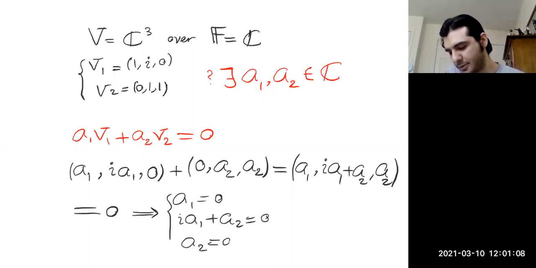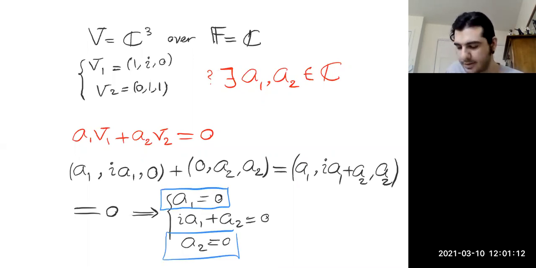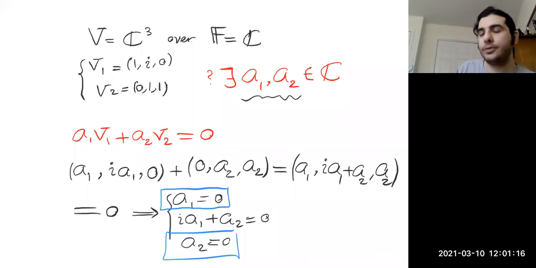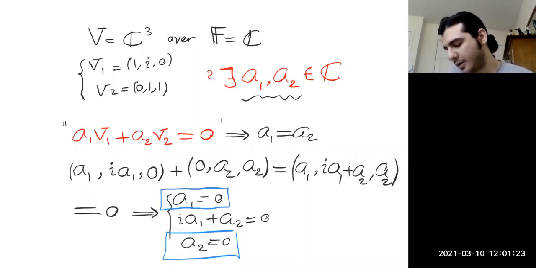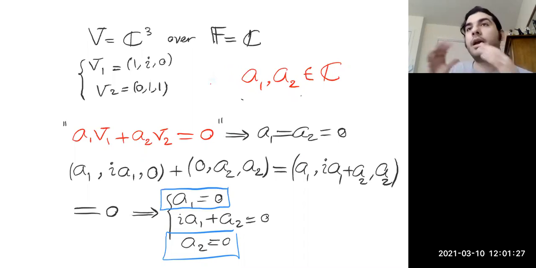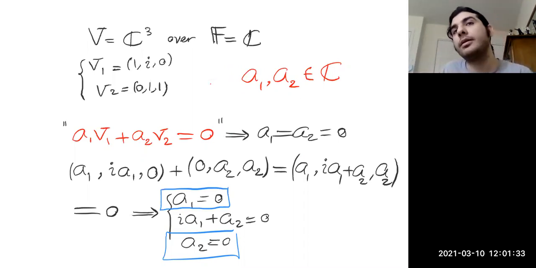So look at these relations. A1 is 0 and A2 is 0. So for any two such A1 and A2 satisfying this property, both A1 and A2 are 0. So there is no pair of complex numbers, at least one of them non-zero, that satisfies this equation.